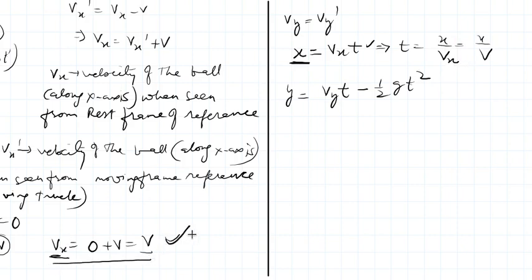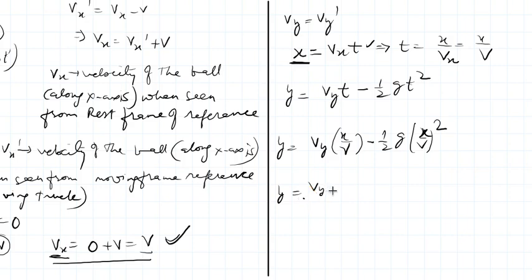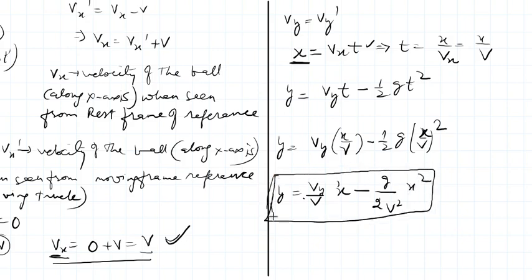Putting its value here, y comes out to be Vy times x over v minus half g times x over v squared. So I can write down y is equal to Vy over v into x minus g over 2v square x square. It is like the equation of a parabola.